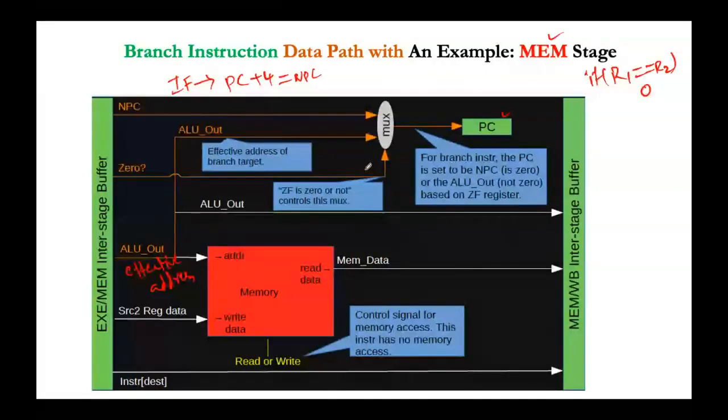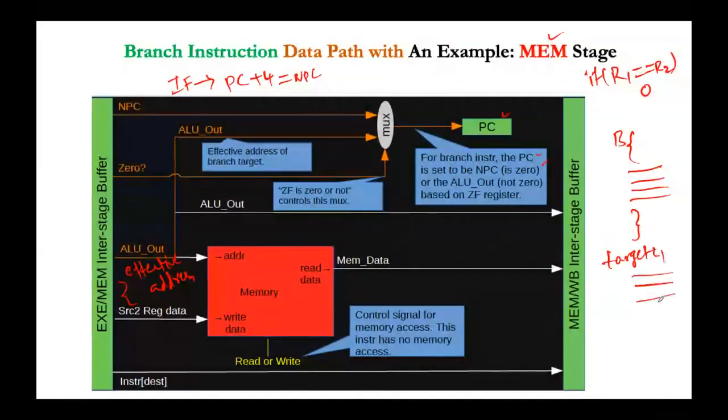For a branch instruction, the program counter is set to the NPC, and the next instructions will be executed. If the ALU output is not 0, then based on the zero flag the target address is calculated from the effective address, say L1, and the instructions in between will be skipped and the instructions after that will be executed sequentially.